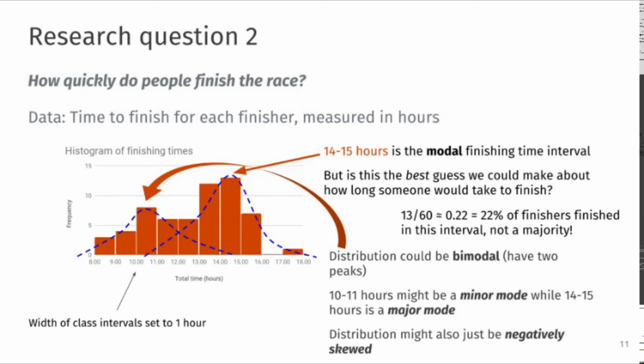At the same time, we'll see a little bit more data from this race in the next class that will maybe start to convince you that there really is a bimodal distribution, which is to say a group of people that is somewhat faster and a group of people, closer together, that are somewhat slower. This would be me in the slow group. But that there are really two different kinds of people who do this kind of race. But that's for next time.